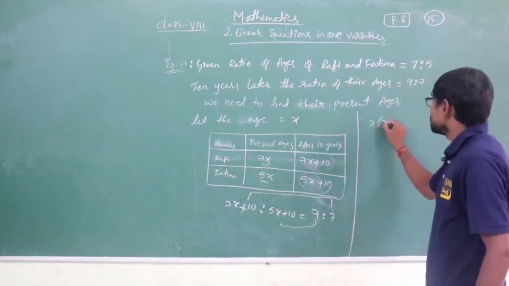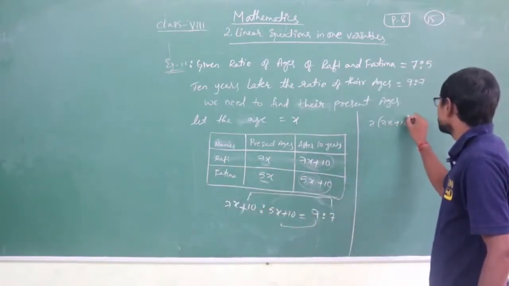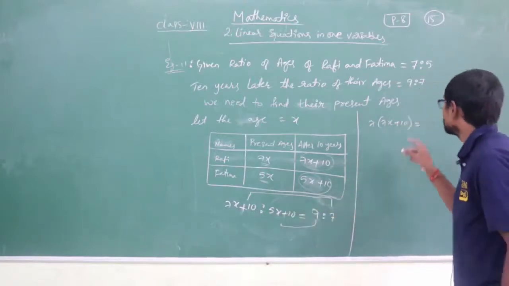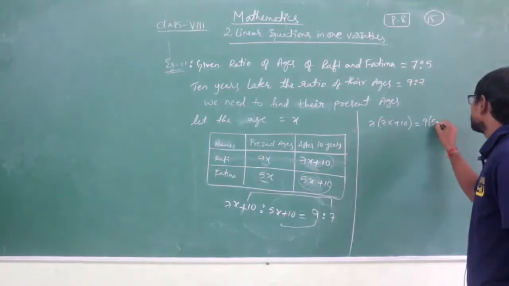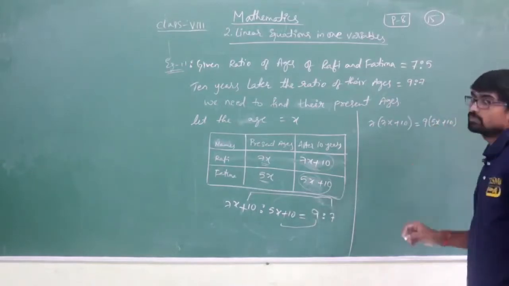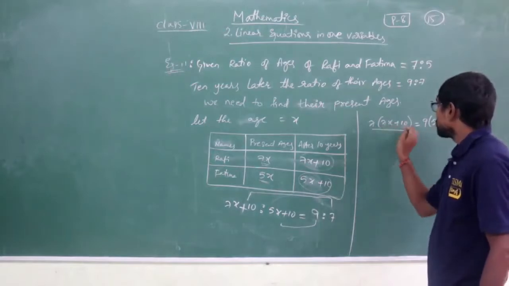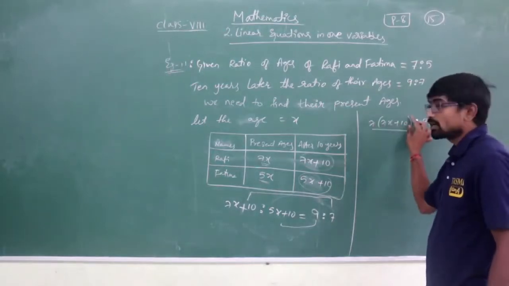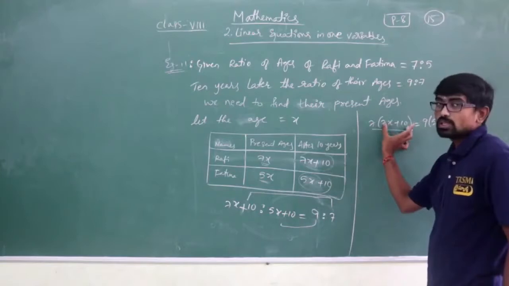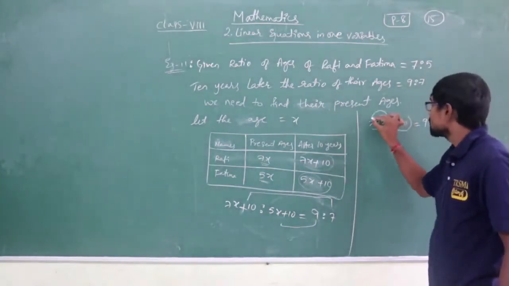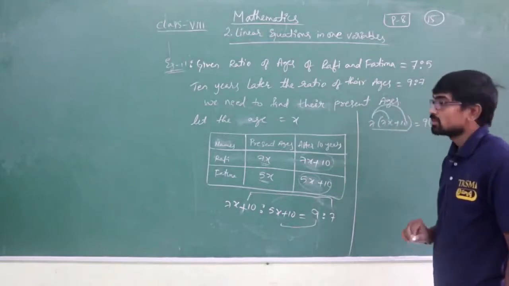So 7 into 7x plus 10 equals 9 into 5x plus 10, isn't it? Now this 7 is multiplied to both the terms, which are taken in brackets. 7 is multiplied by 7x once and 10 once.